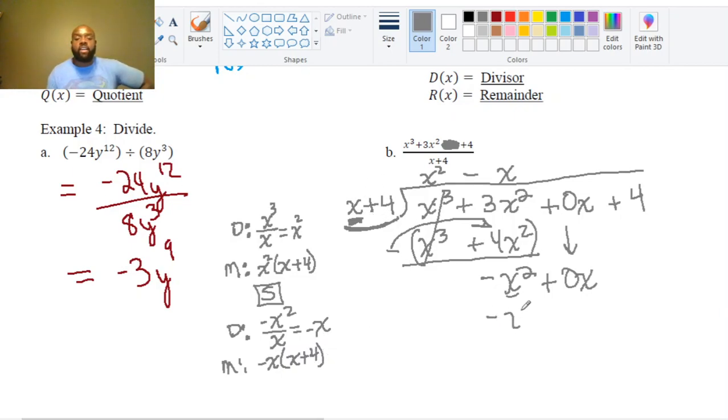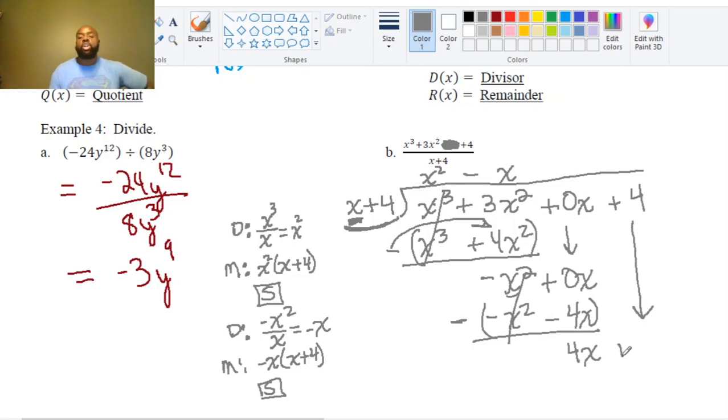So I get a negative x squared minus a 4x, and then we move on to subtraction, folks. I go to subtract. That's a negative x squared minus a negative x squared, which cancels. A 0x squared. Then minus a negative 4x becomes a positive 4x.